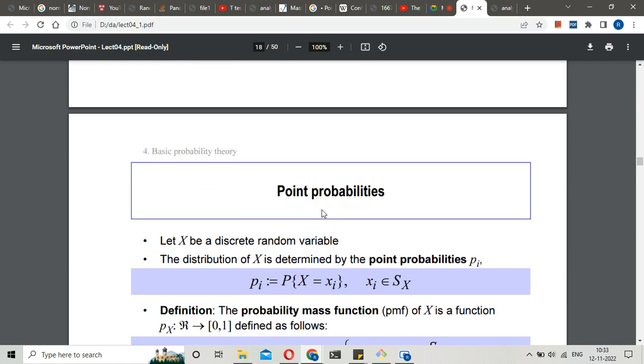So for a discrete event, you will say it should be equal to some xi. That is the probability of getting the value of xi. So suppose you want to count how many times the dice shows a face in twice you turned it or thrice you turned it.